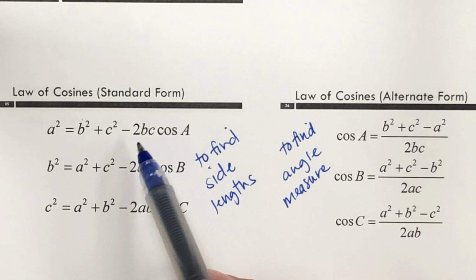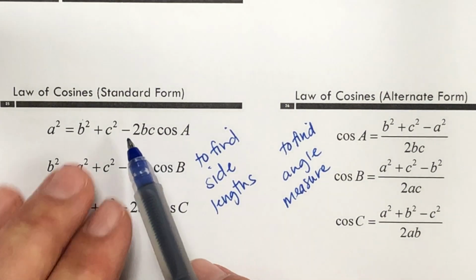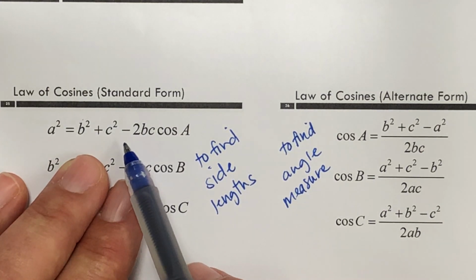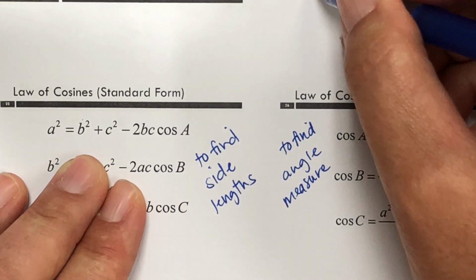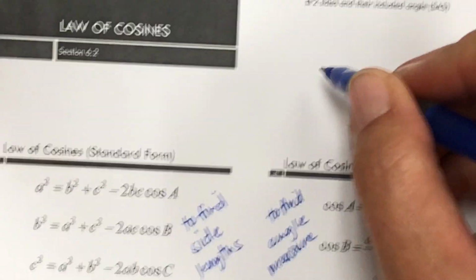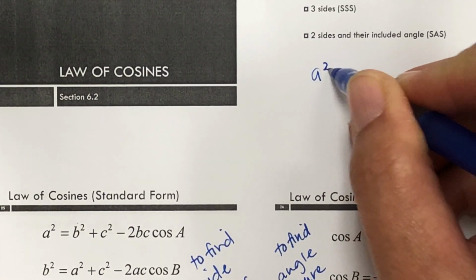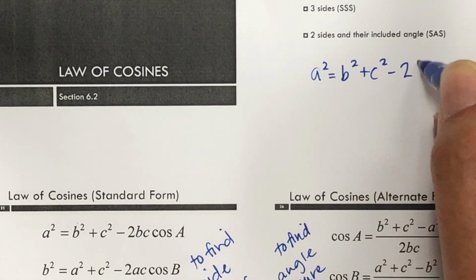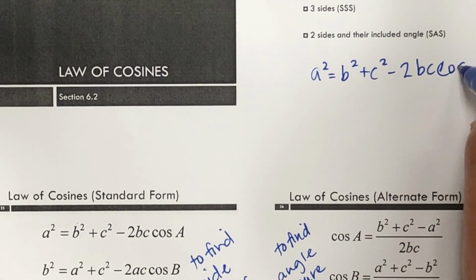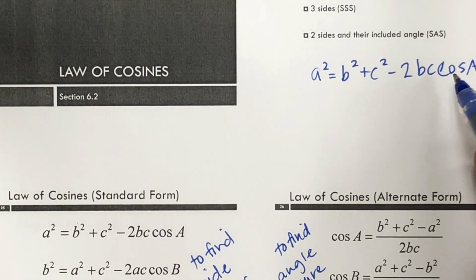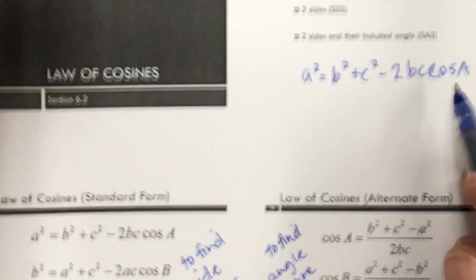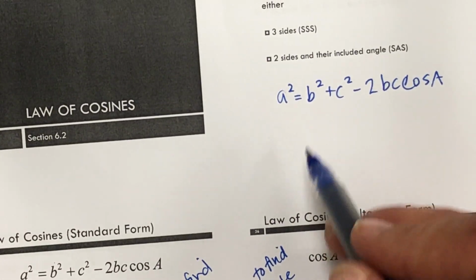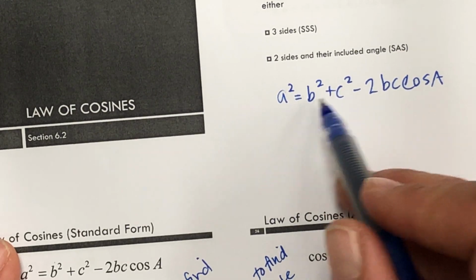Now, if I were to take this formula right here and rearrange it, I would get this one. So let me do that for you. Let me scoot this down and I'll do it for you right here so you can see. A squared equals B squared plus C squared minus 2BC cosine A. Now, if I was trying to isolate cosine of A right here, I want to solve for cosine of A, then I would subtract these dudes over.